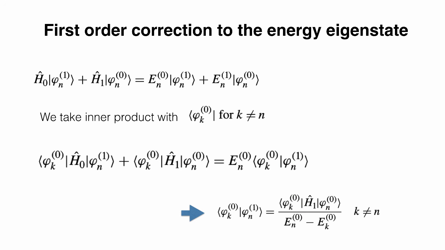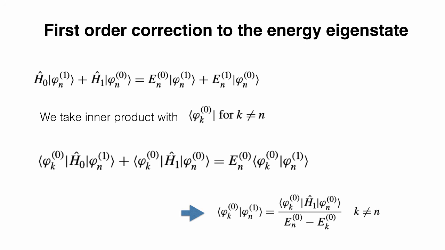Now, we can also look at the effect for the energy eigenstate, and this is what this slide shows. And instead of doing the inner product on phi n0, now we are going to do the inner product on phi k0, when k is different from n. Okay, so when we do that, we obtain the large equation there that we have an inner product, and of course the last term is going to disappear, in fact I didn't even write it, since phi k0 and phi n0 are orthogonal.